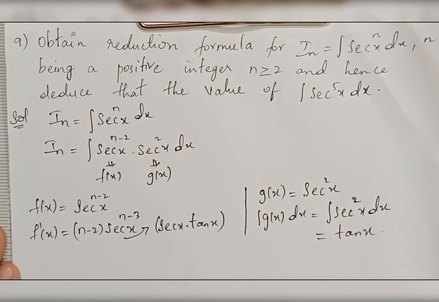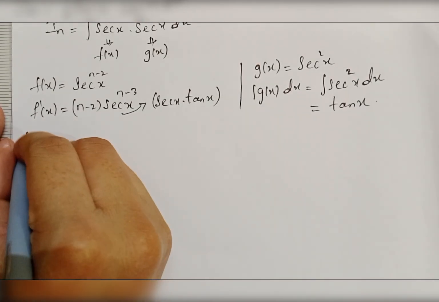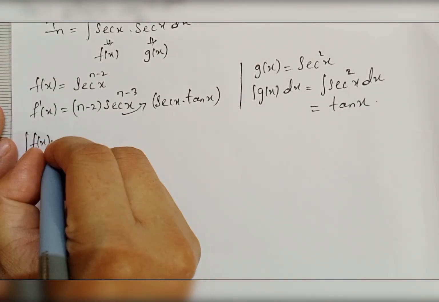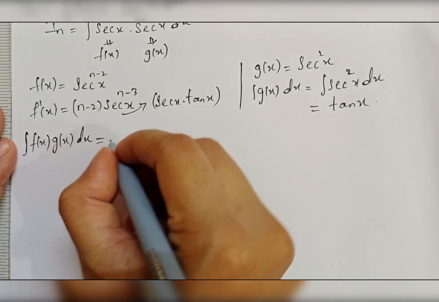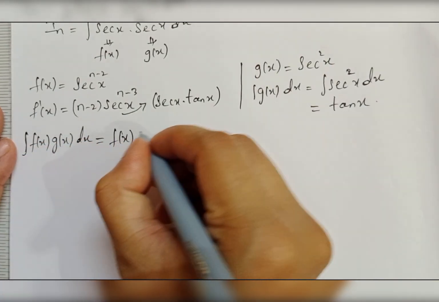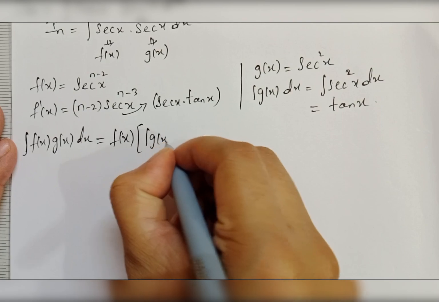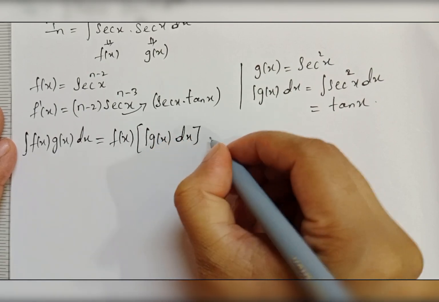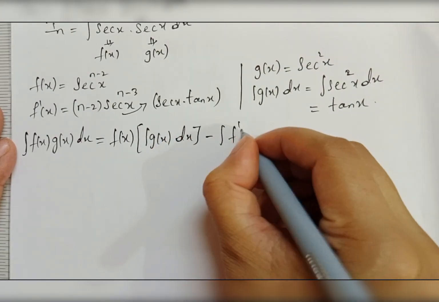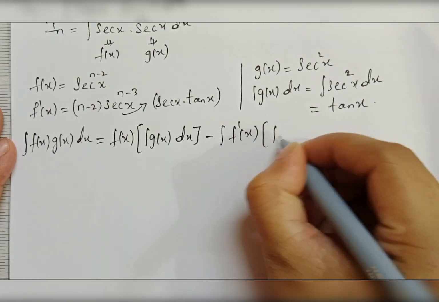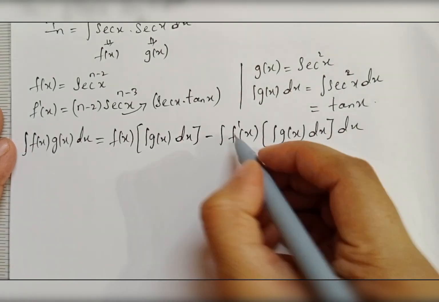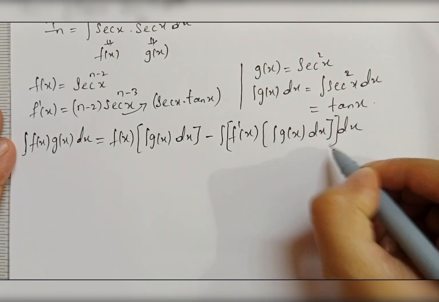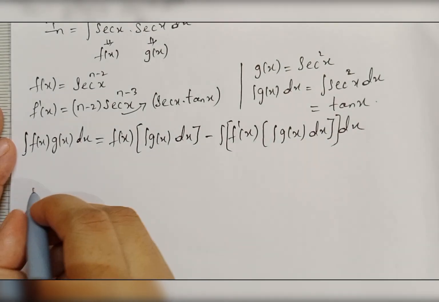Now write the formula of integration by parts. Integral f of x g of x dx is equal to f of x integral g of x dx minus integral f dash of x into integral g of x dx whole dx. Now substitute the values.